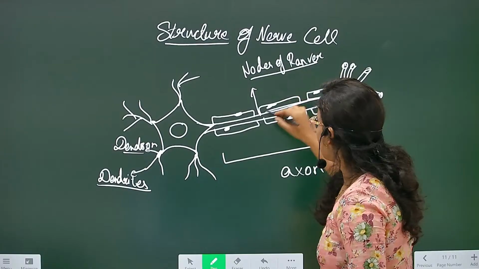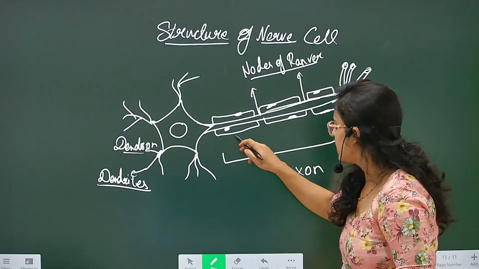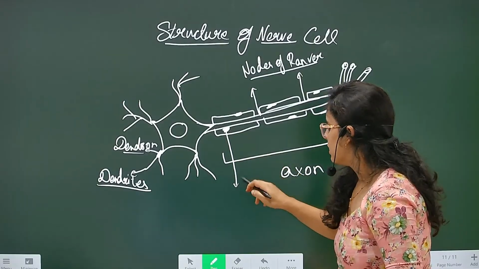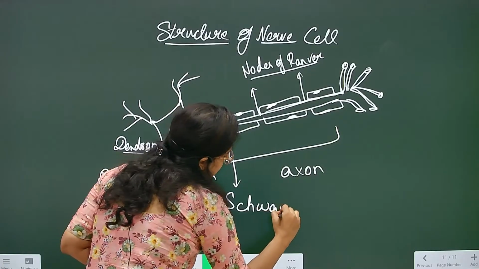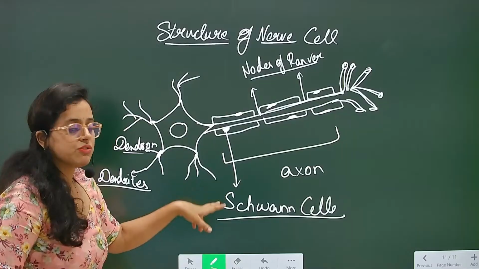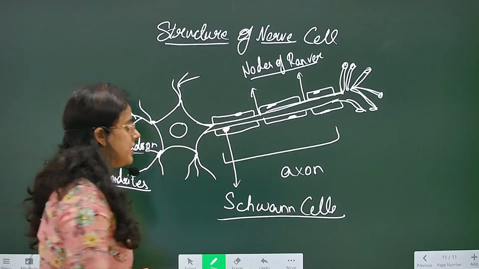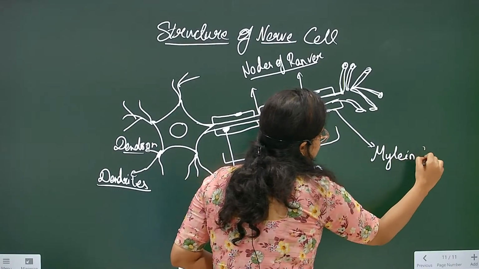So this is the myelin sheath, and the myelin sheath is formed by Schwann cells. Schwann cells are present on the axon, which form the myelin sheath.